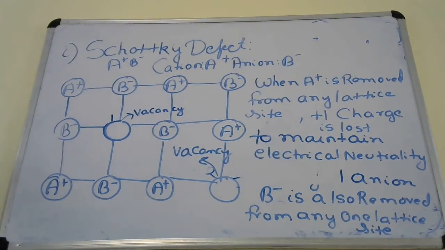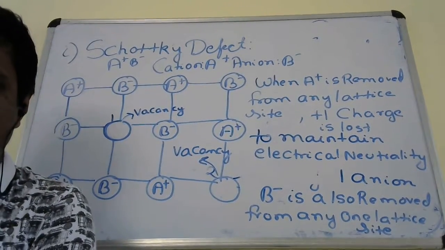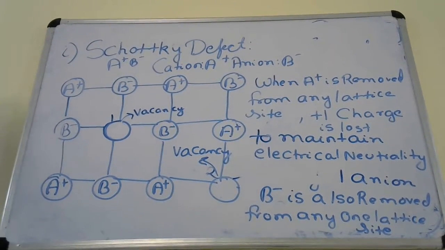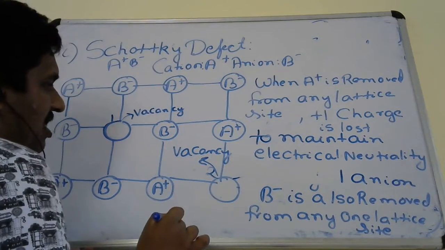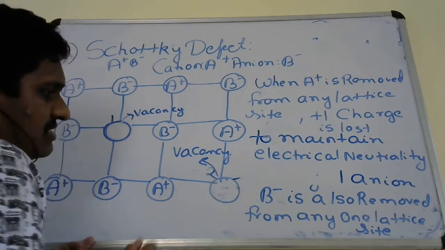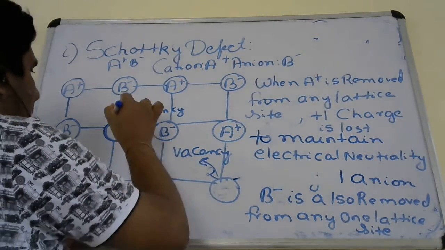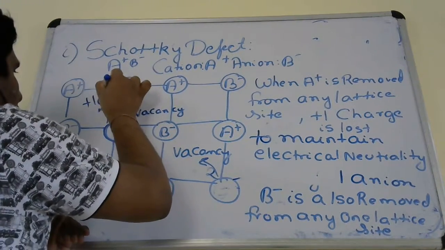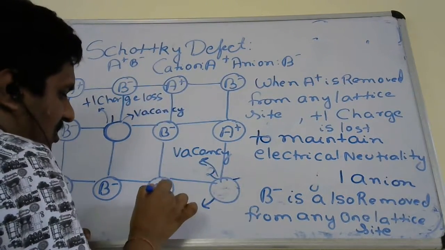Because you see, when I am removing one cation, plus 1 charge is removed. So when I remove one anion, how much charge is removed? Minus 1 charge is removed. Here there was a plus 1 charge loss and here there was a minus 1 charge loss.